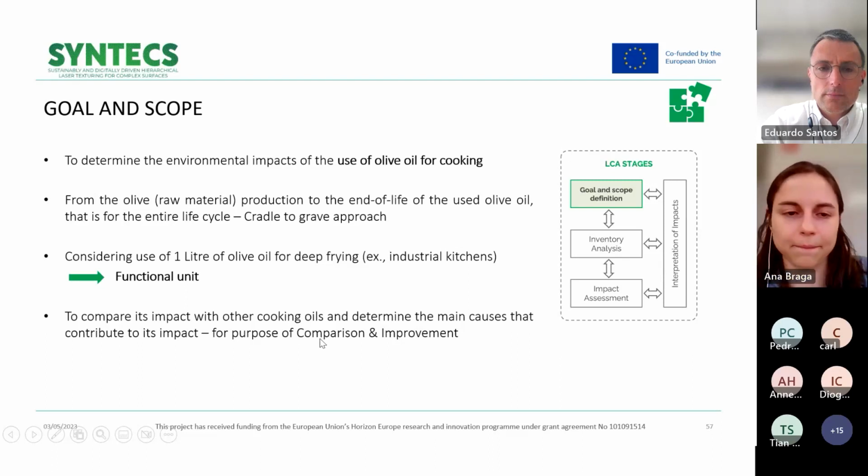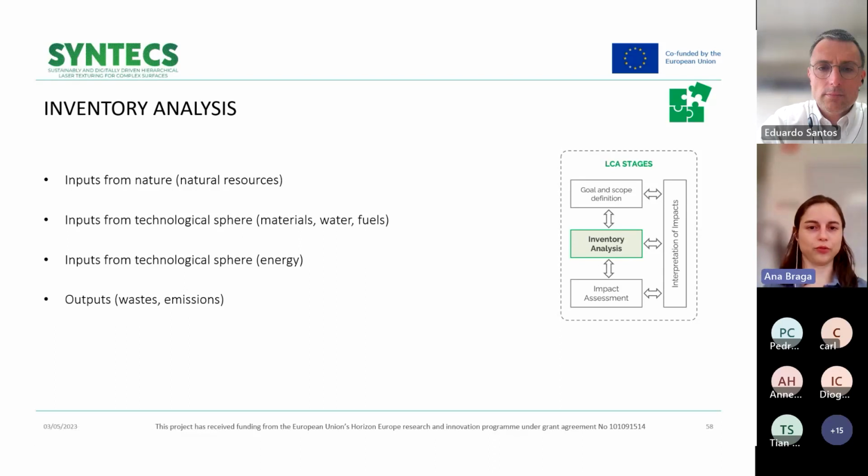Before we move to the next slides, considering the life cycle stages that we showed you, I don't know if you want to give some examples of what you think should be considered in these input and output categories.